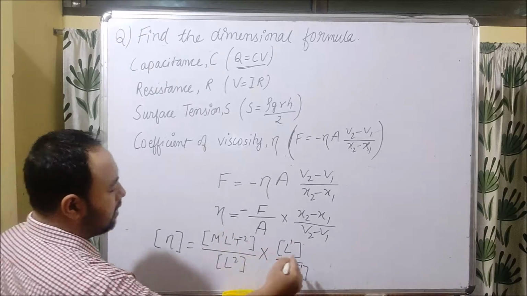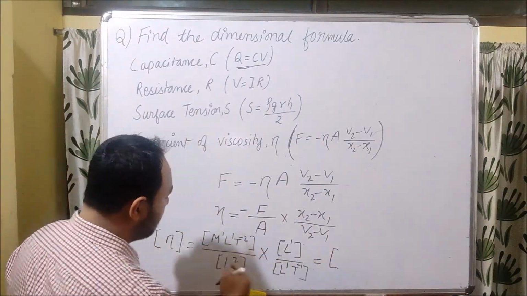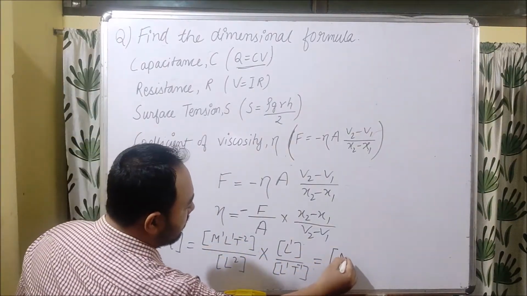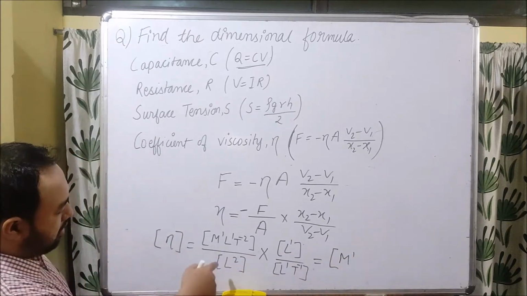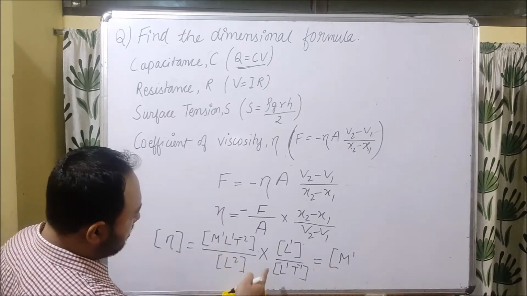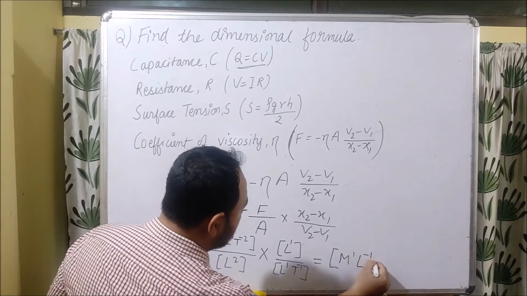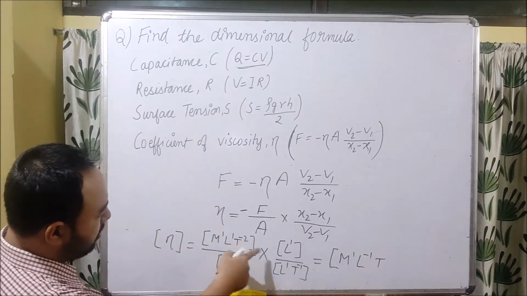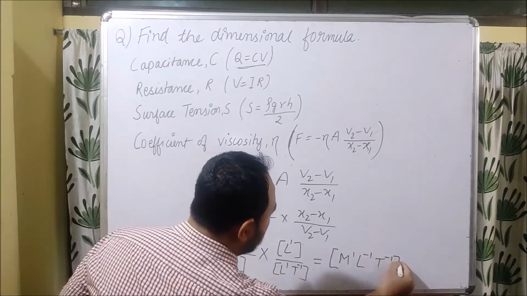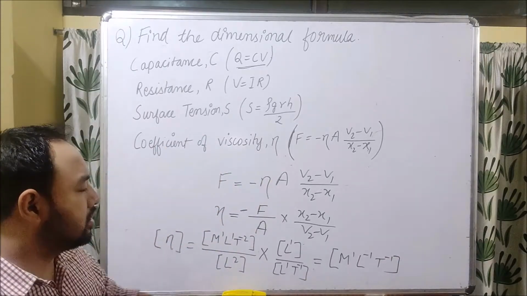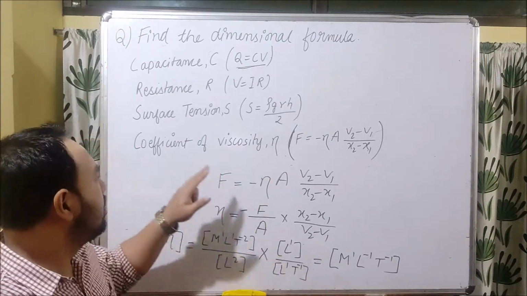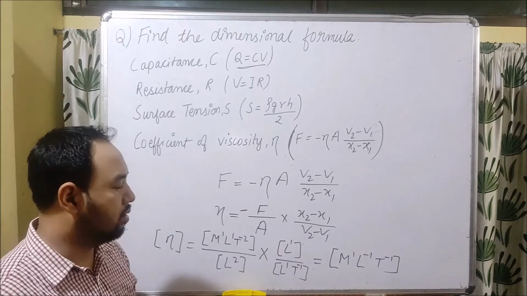So if you calculate this, then you will find the answer to be M to the power 1, then L will be minus 1, and T will be minus 1 as well. So this is the dimensional formula for coefficient of viscosity.